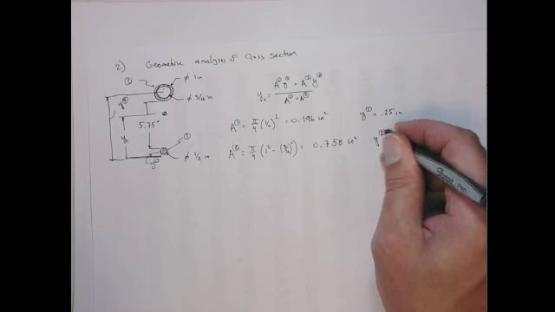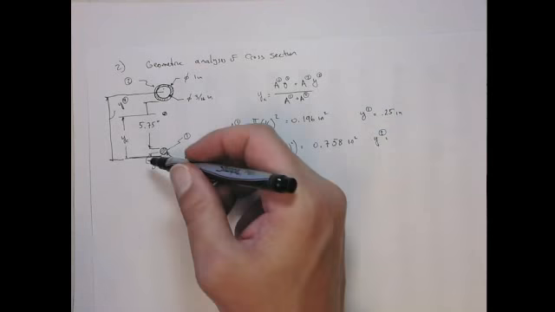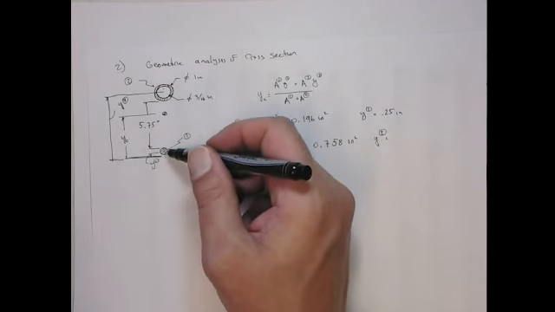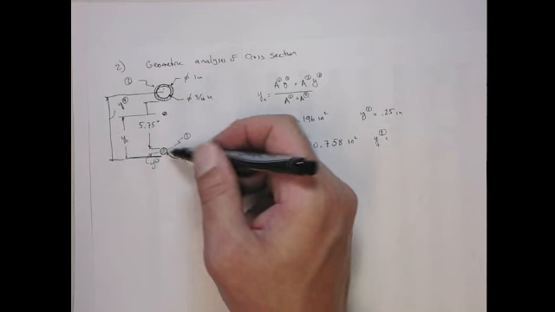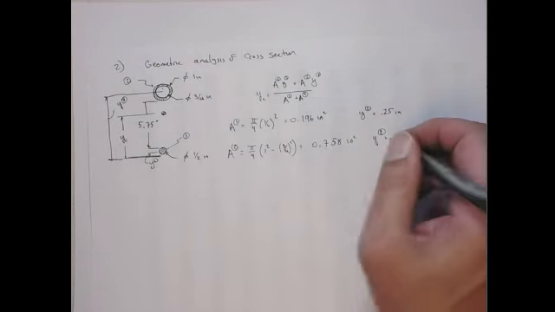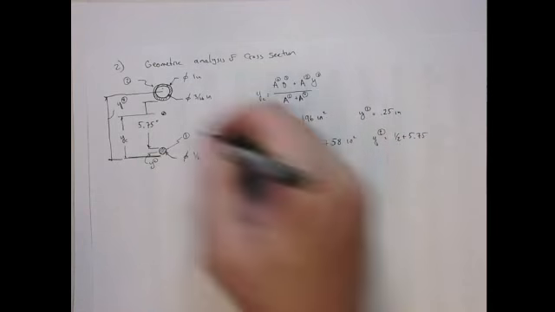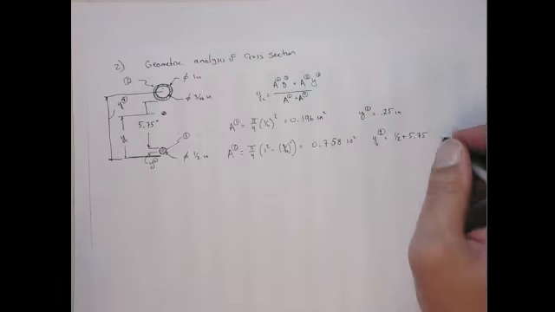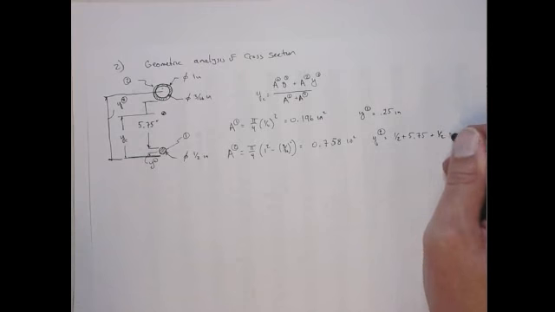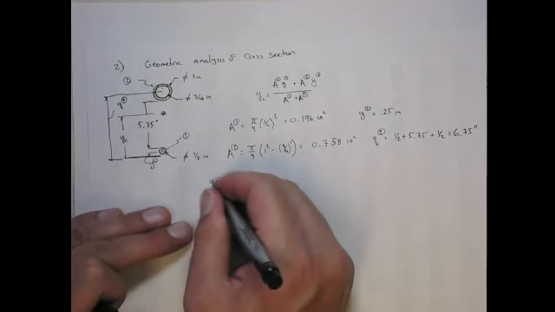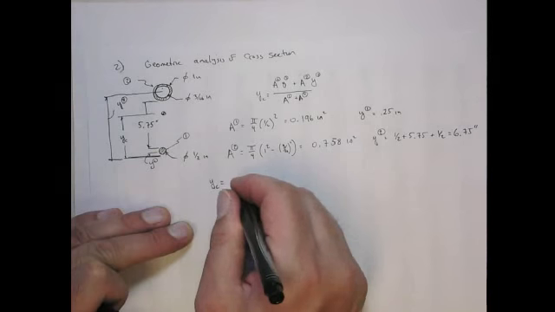And its centroid location is this distance, the diameter, which is 1/2, plus 5.75, plus half this distance, so plus another half. So that's 6.75 inches, okay?